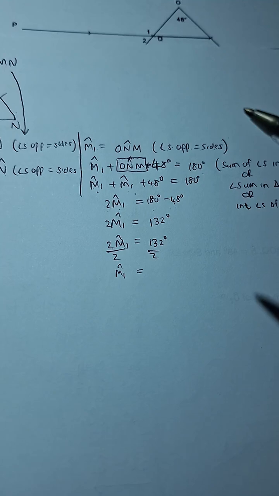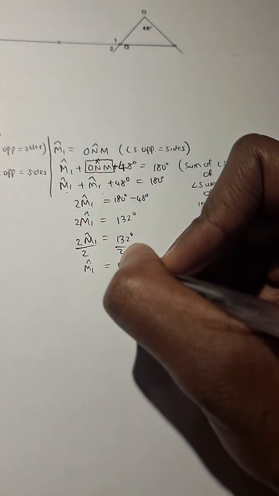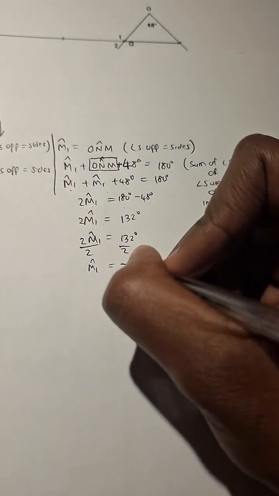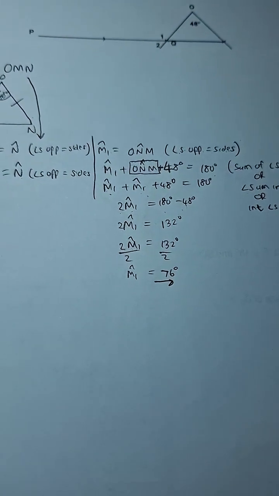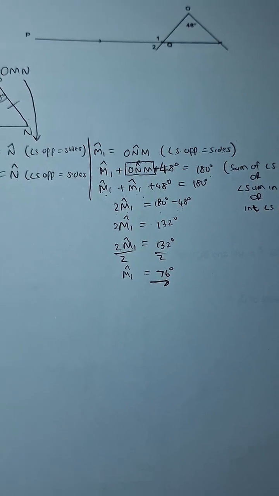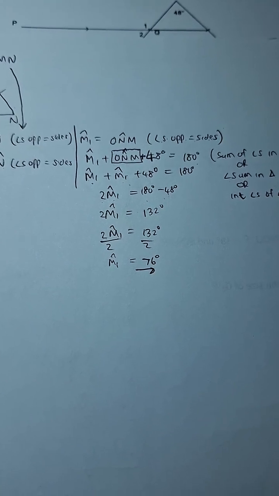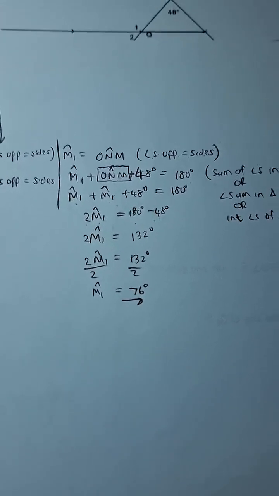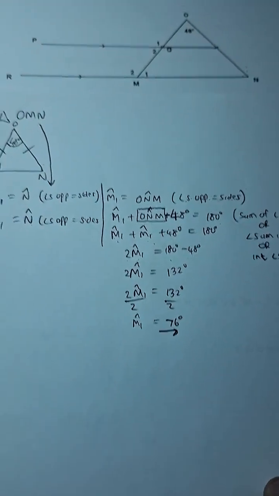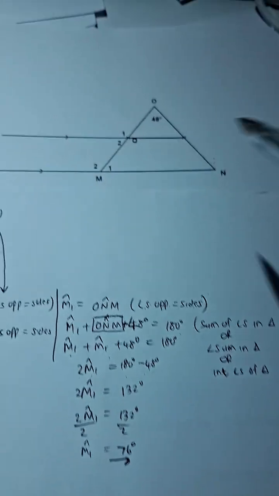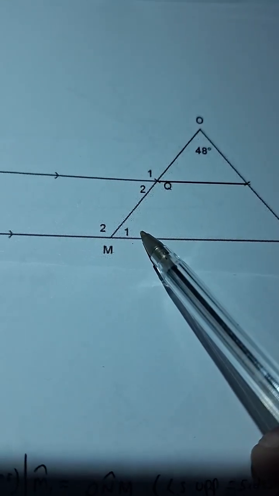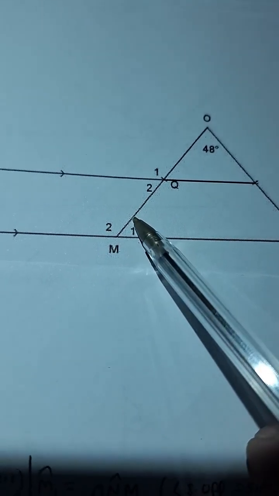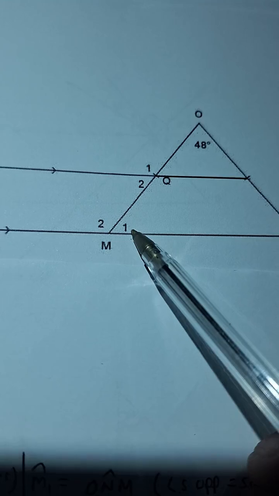Yes, guys, it is equal to 76 degrees. Okay, so far so good, I would say. I now have angle M1. Right, now if we go back to the diagram, that means this angle M1 is 76 degrees.